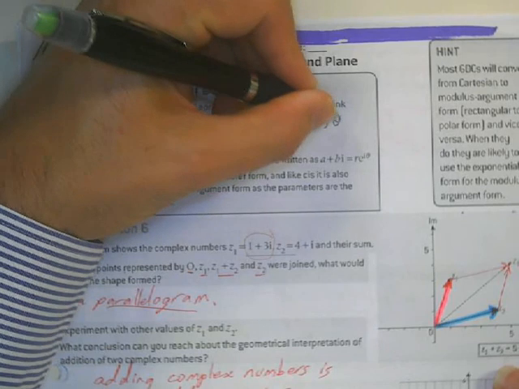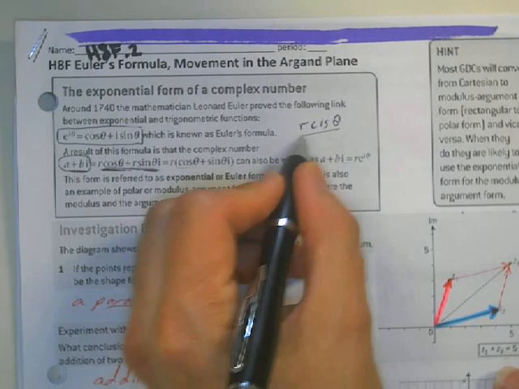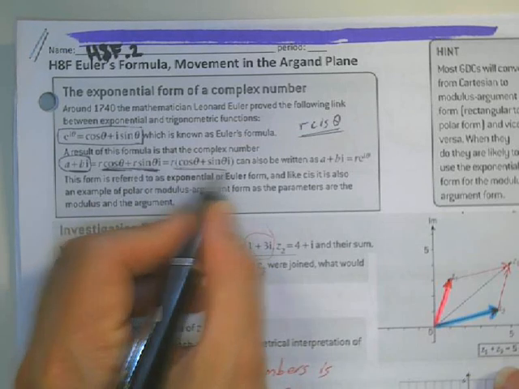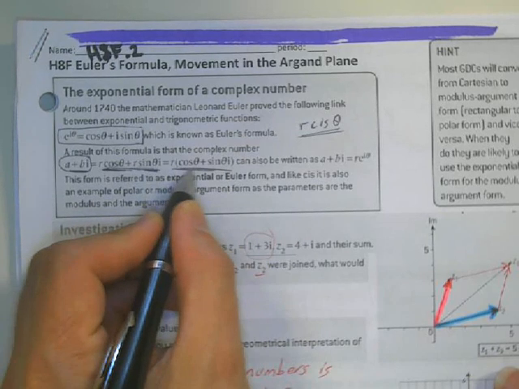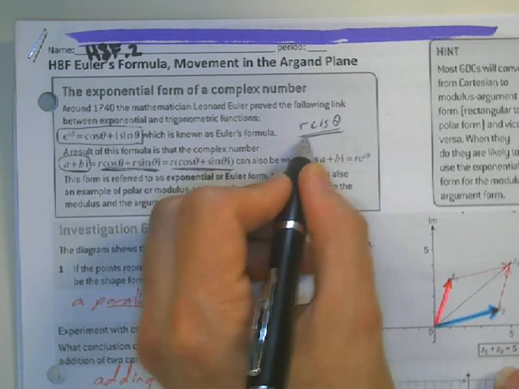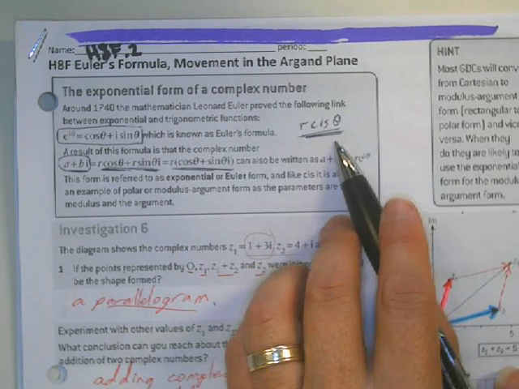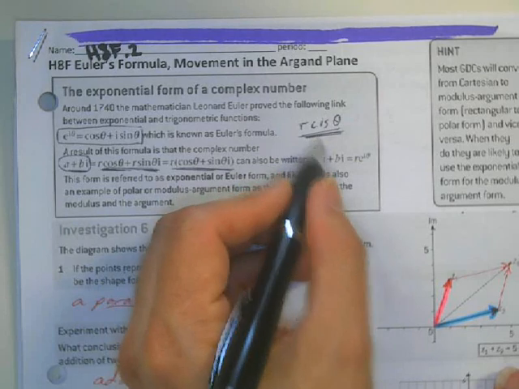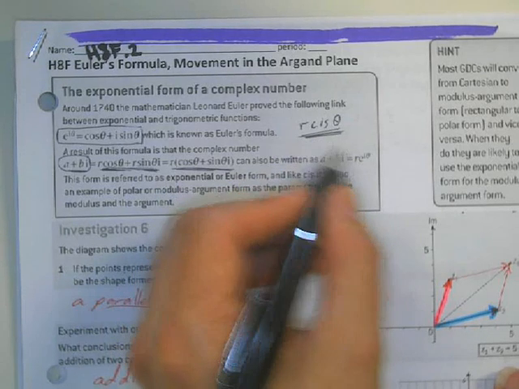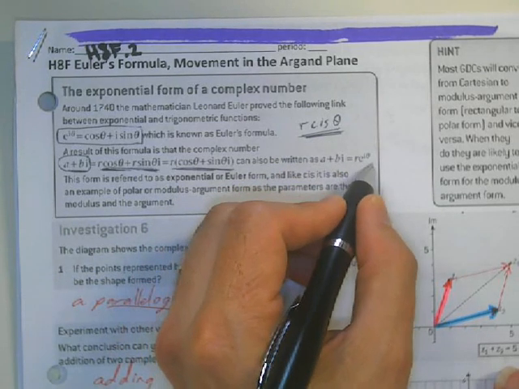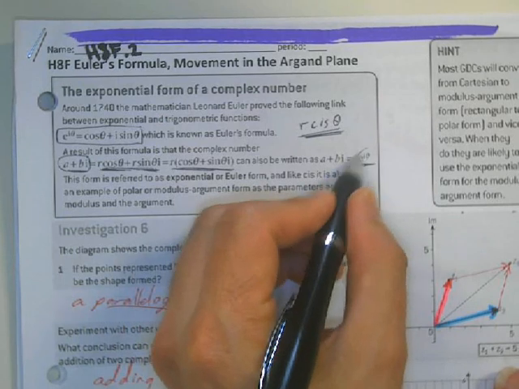You might recall that from our earlier assignment, that r cosine theta, r sine theta can be written as r cis theta. And if I'm going to write it in Euler's form, instead of writing cis theta, I can write this as e to the i theta.